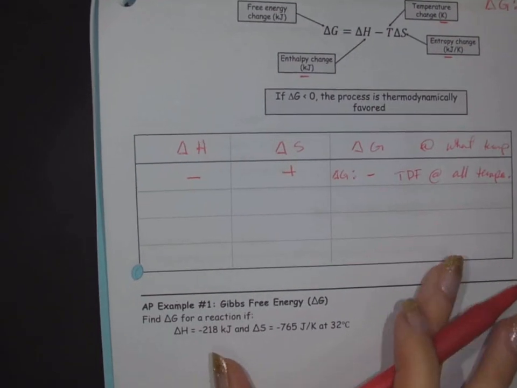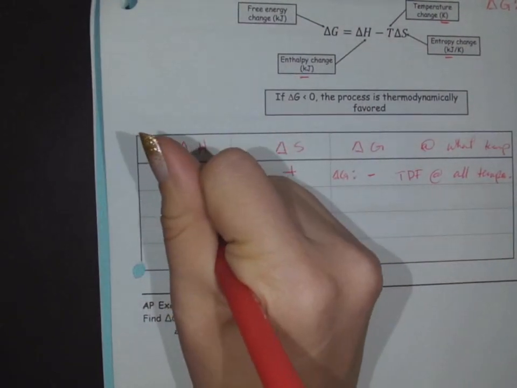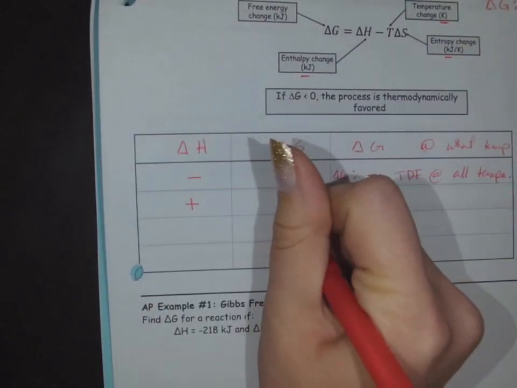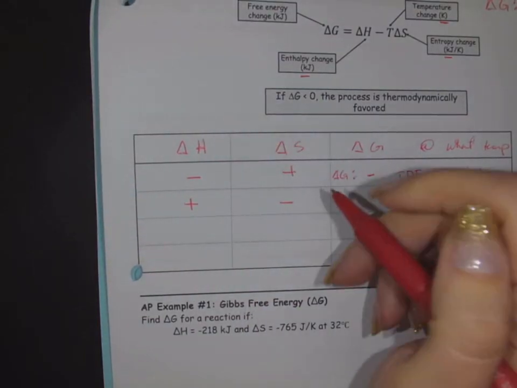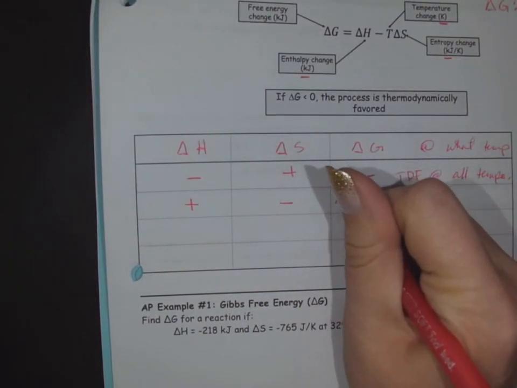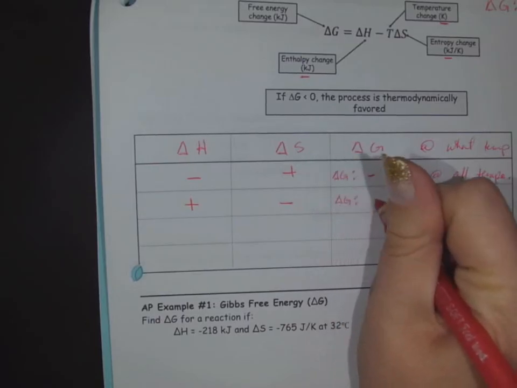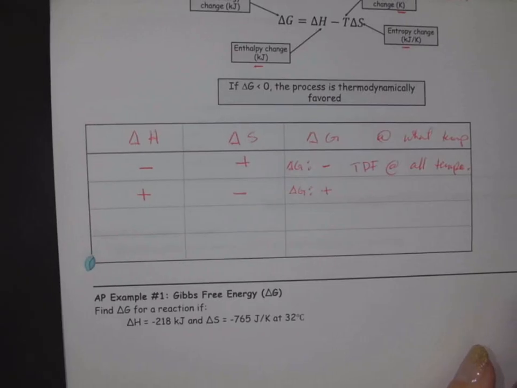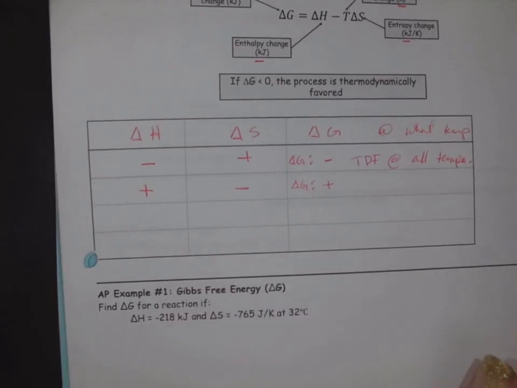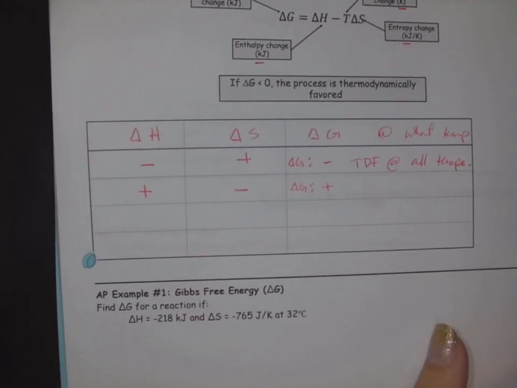Now, if we do the exact opposite of that, if it's endothermic and we become more orderly, then delta G is always positive. And so it's not thermodynamically favorable. At no temperature, whether high or low, is it thermodynamically favorable.